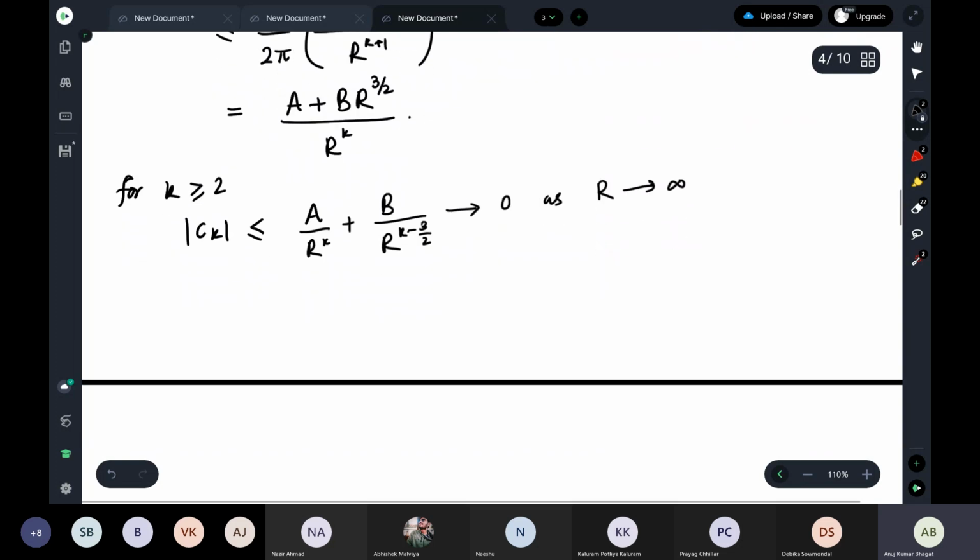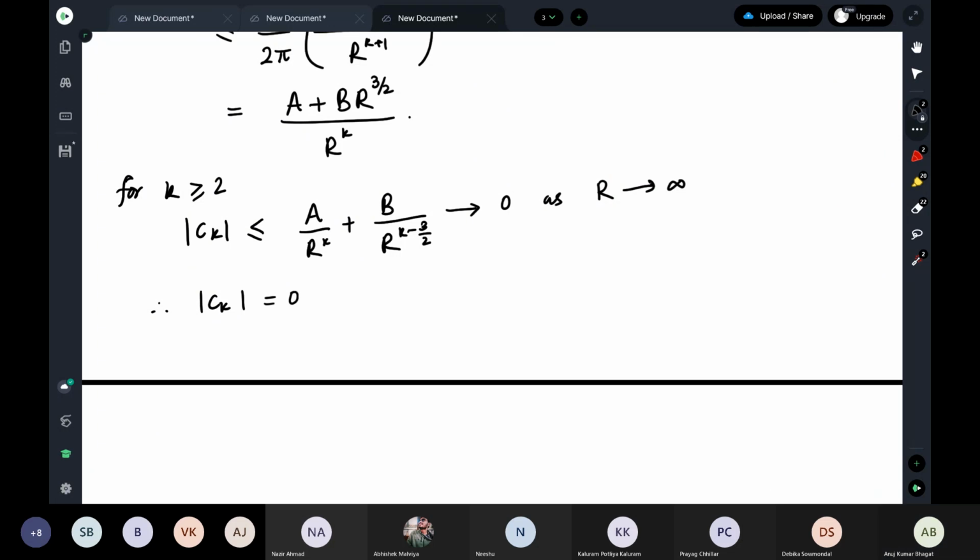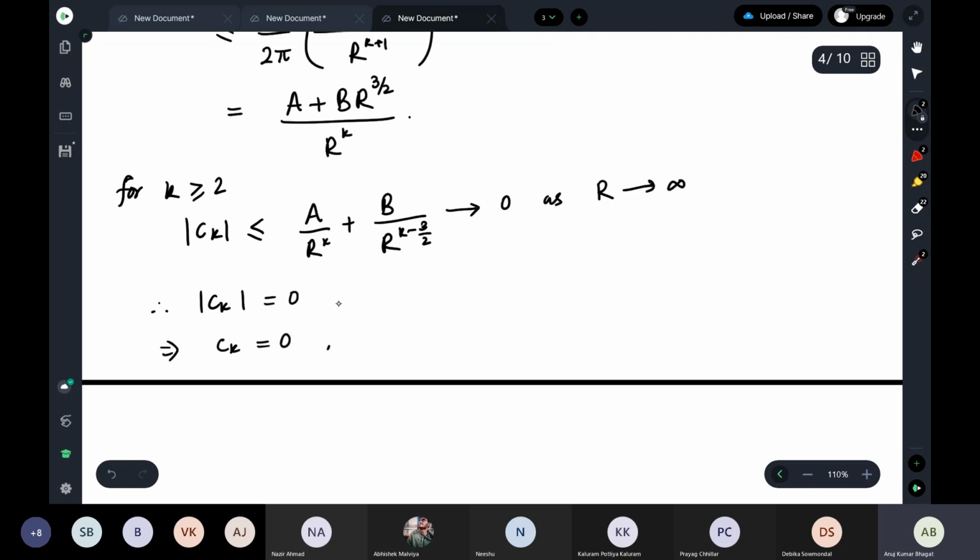So modulus of some number is less than or equal to 0, so what will that mean? That will simply mean that the modulus is equal to 0, right? Yes, sir. And the modulus being 0 means the number is 0. So c_k is 0 for all k which is more than 2.